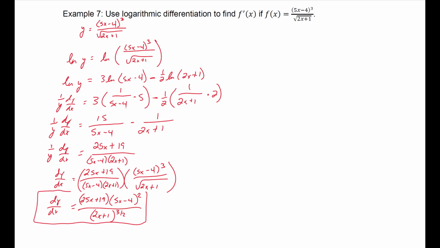Now, I should mention, if you were to differentiate that original function f of x, which we now call f prime of x instead of dy/dx, using the quotient rule and then your two different chain rules inside that quotient rule, and then simplify all of that, you should end up at this same answer at the end.